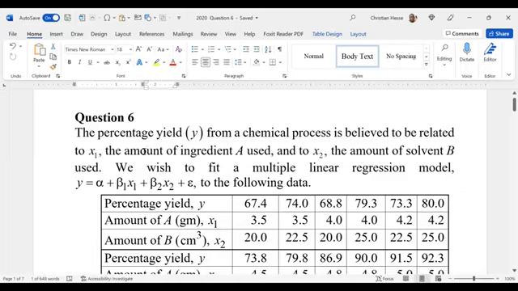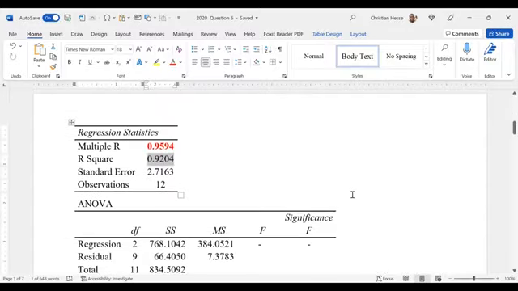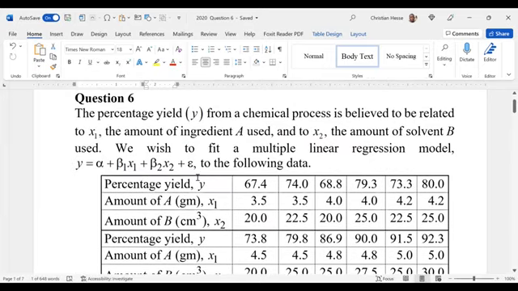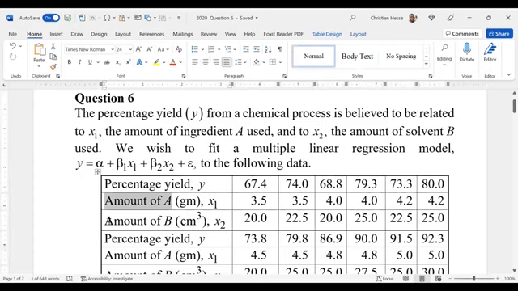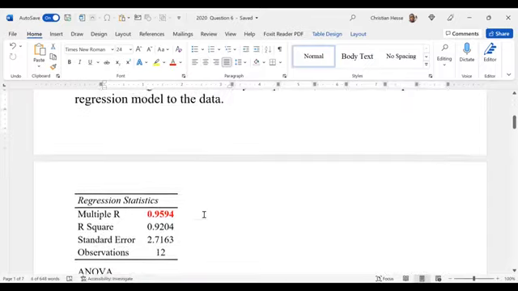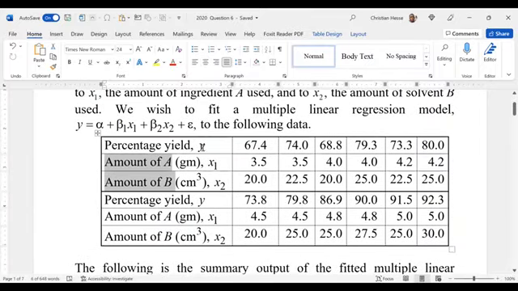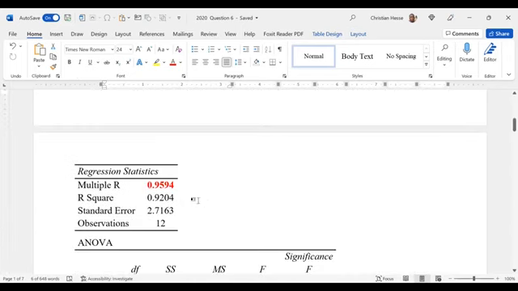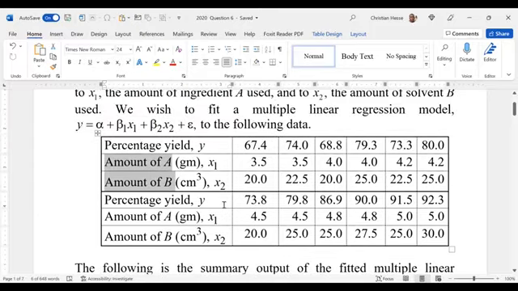So when the coefficient of determination is 92%, what it means is that the two independent variables, the amount of A and the amount of B, are contributing about 92% in the prediction of Y.